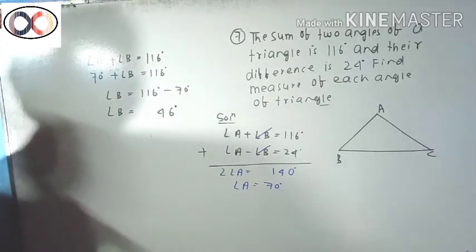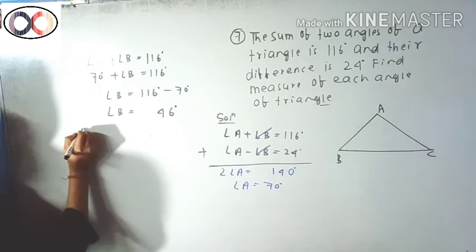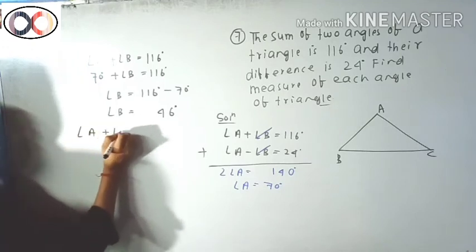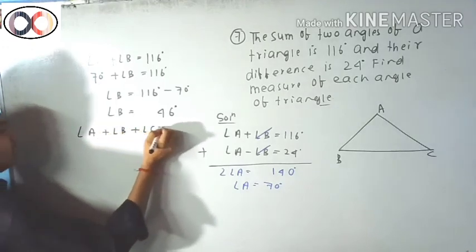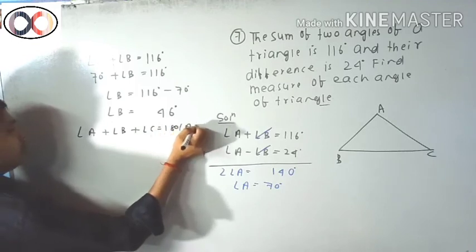Now students, you can apply the concept of the angle sum property. Angle A plus angle B plus angle C is 180 degrees due to the angle sum property.